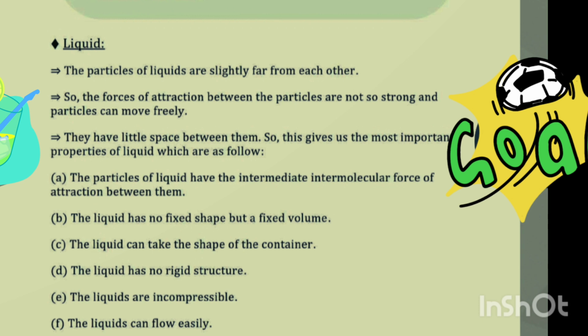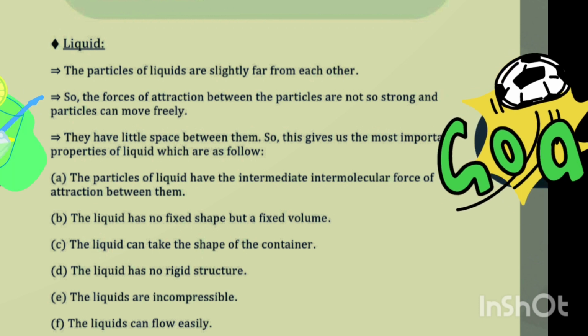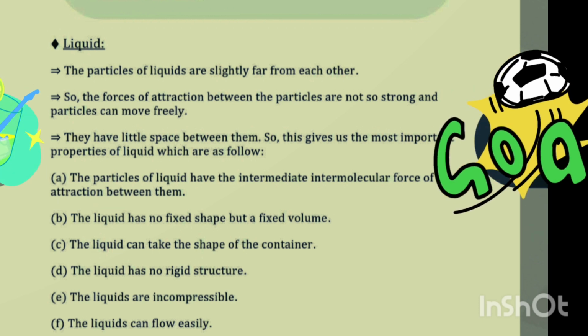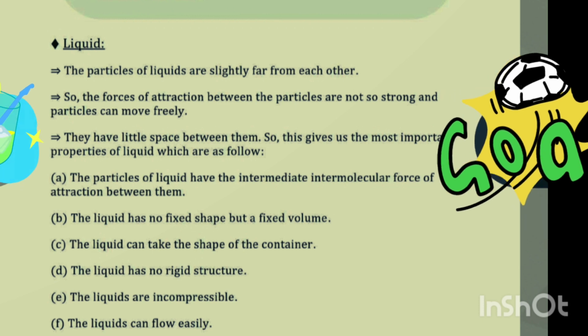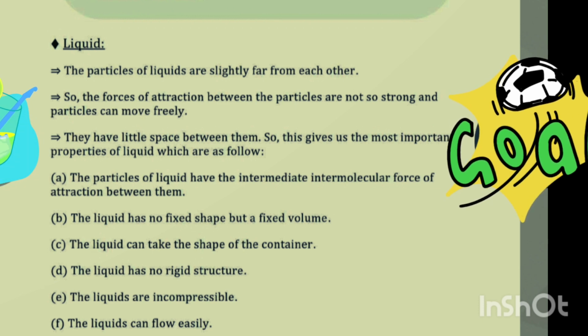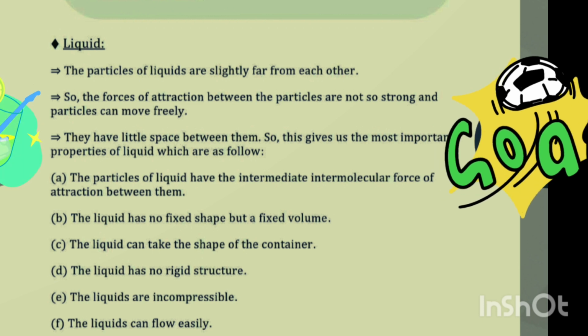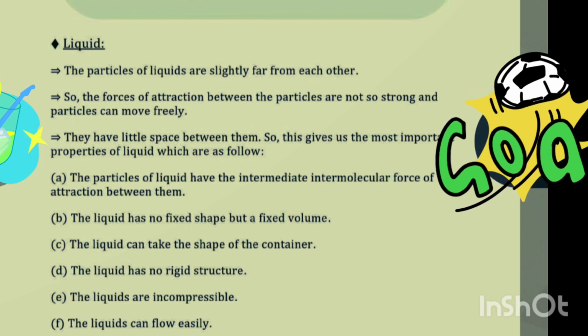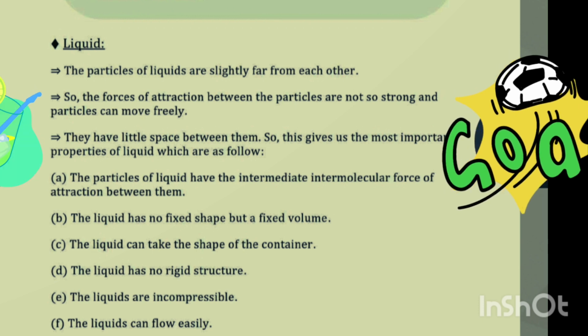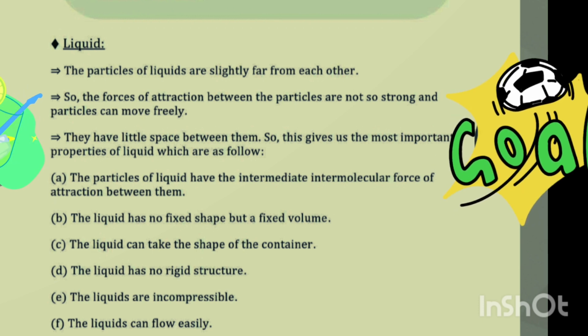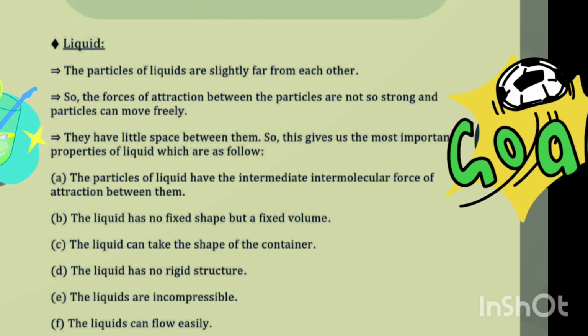So this gives us the most important properties of liquid, which are as follows. These two properties are important, and we have some other important properties which we are going to learn here. The particles of liquid have intermediate intermolecular forces of attraction, that is, inside the molecules the force of attraction is there, but it's not as much as in the solid state.